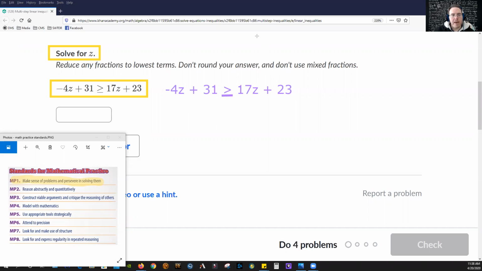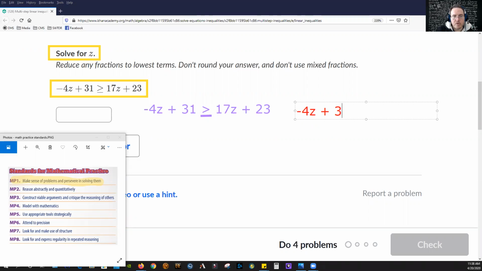So if we're going to compare that to an equation, so if this is negative 4z plus 31, it equals 17z plus 23. Got to be careful about how far over I go, or else you won't be able to see this on YouTube.